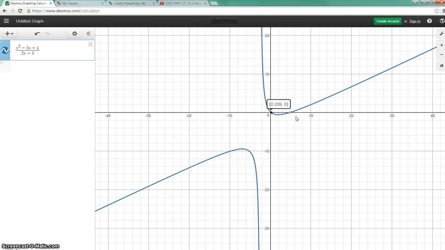The way we find that slant asymptote is we just have to divide. This one we would probably use long division, to see how many times 2x plus 5 goes into x squared minus 5x plus 1. I'm just doing it real quick on a scratch piece of paper.